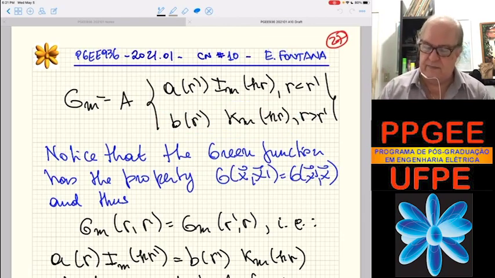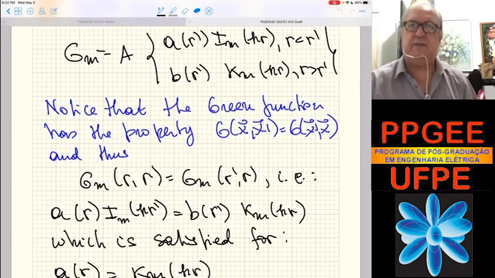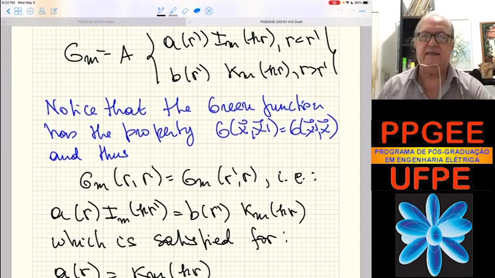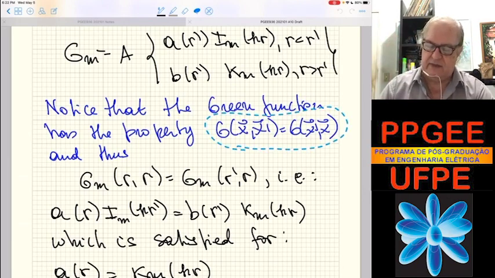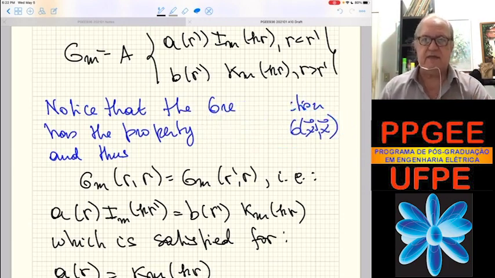There's another important property that is always explored in solving problems like this, like expanding functions and determining Green functions, and we're going to see that further in additional lectures. The Green function has a symmetry property. If you change the arguments, the Green function doesn't change.